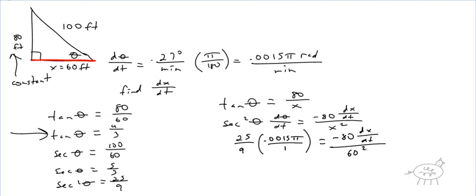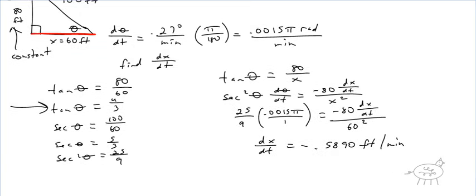Now I plug it in. It looks a little messy. You have to multiply all that stuff out. I'm not going to do that here because you can do that. And I wind up getting dx dt equal to negative 0.5890 feet per minute.